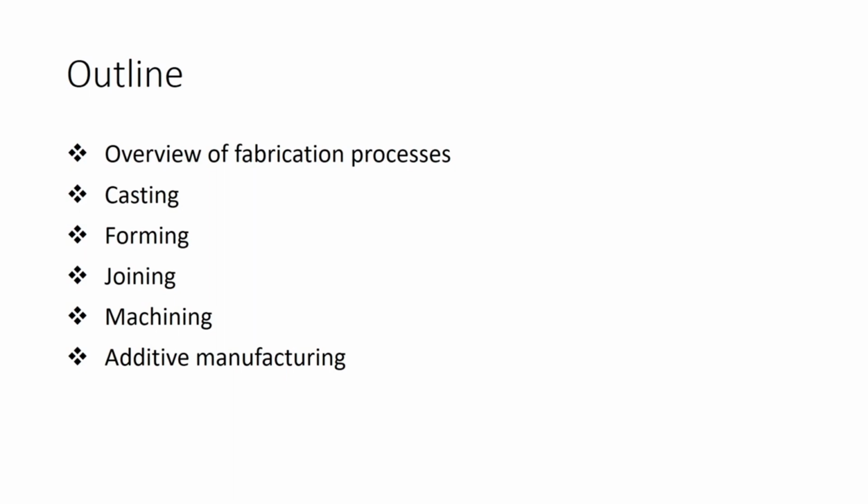At the start, we will have an overview of various fabrication processes which are used. Then we will see the basic manufacturing processes such as casting, forming, joining and machining. In addition to that, the next generation manufacturing process, that is the additive manufacturing process, we will see at an introductory level.